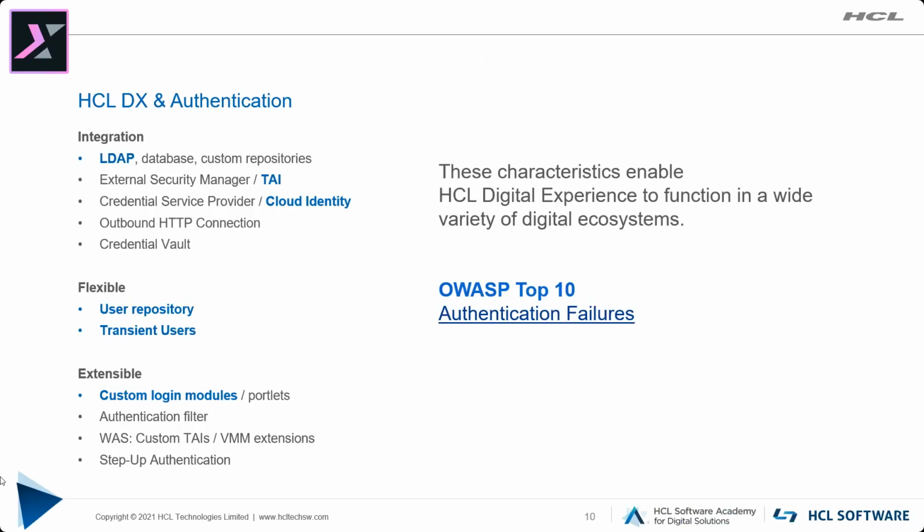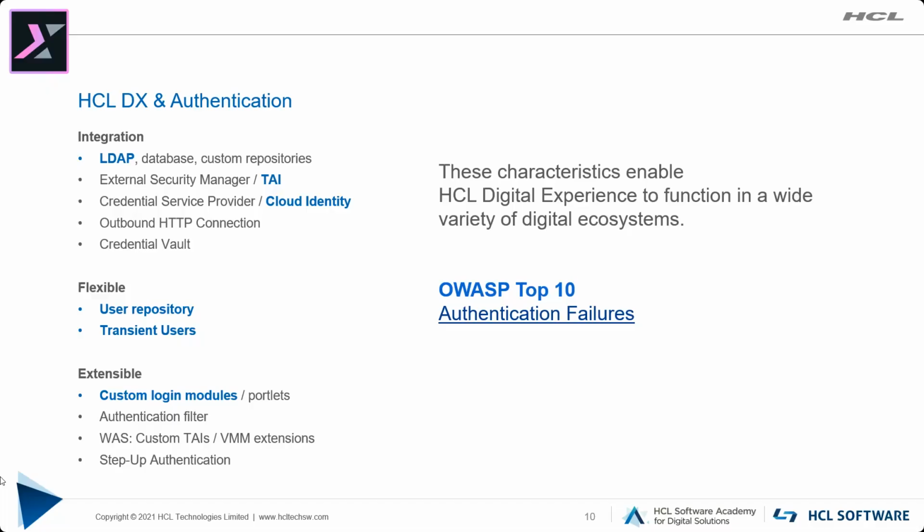And then there are many extension points for digital experience applications, including custom login modules, custom login portlets, any number of authentication filters. As I said, the trust association interceptor is simply an interface, and there are other ways to extend digital experience functionality in the realm of authentication as well.